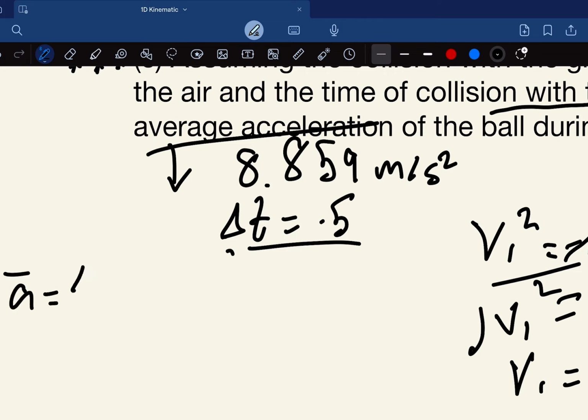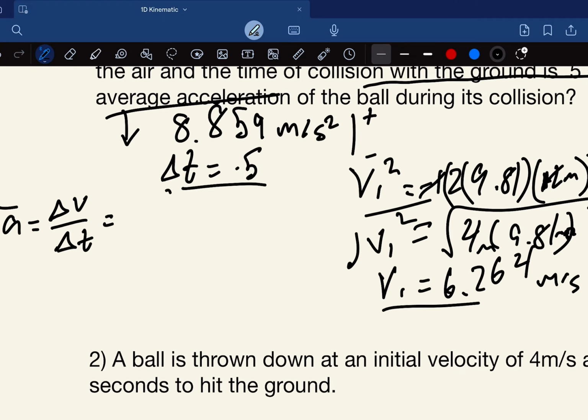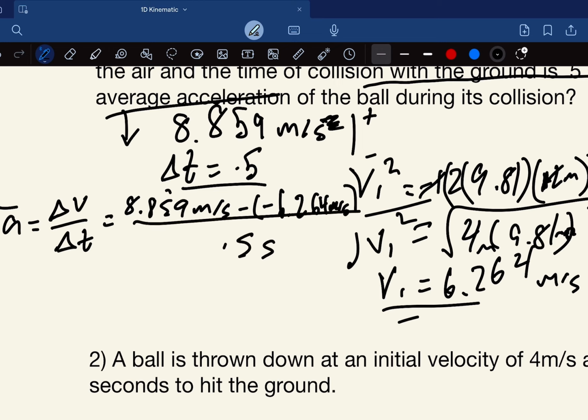A equals delta V over delta T. We are redefining this as positive, and this is negative, since this is a new part of the problem, so our velocity over here becomes negative. So we have 8.859 meters per second minus negative 6.264 meters per second, all divided by 0.5 seconds.